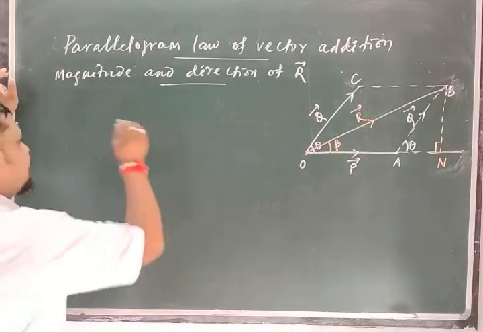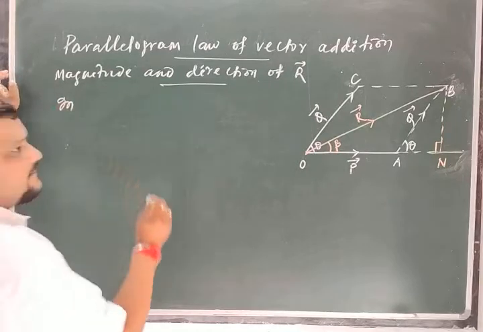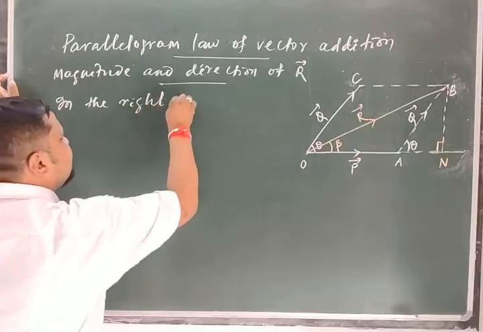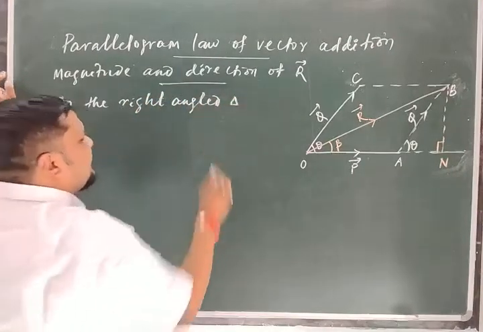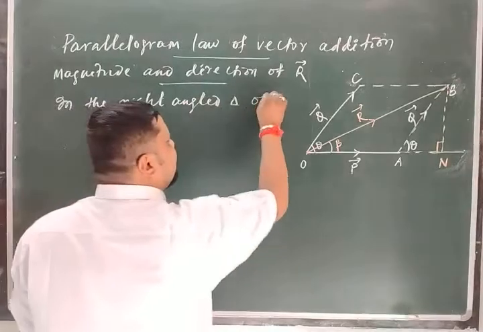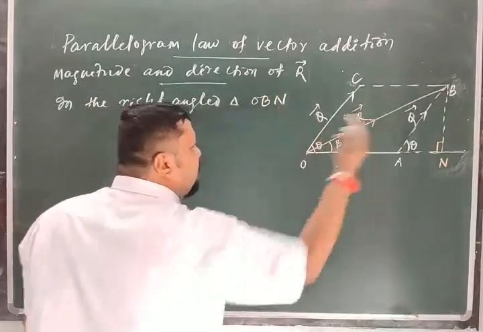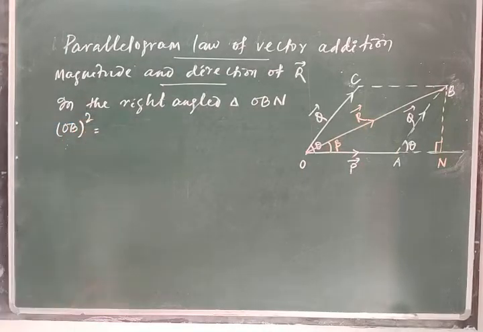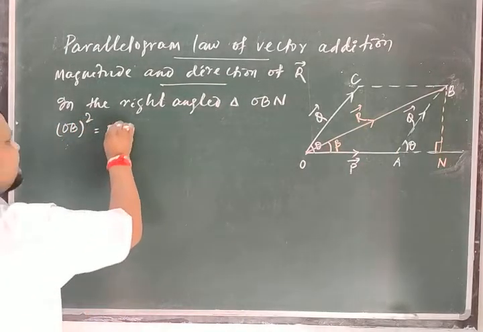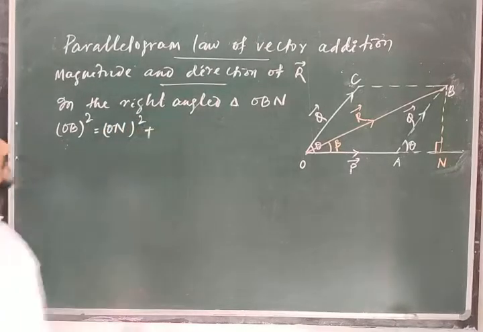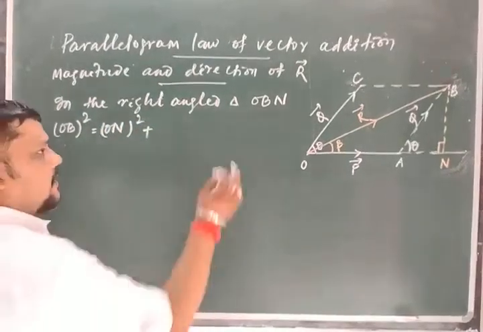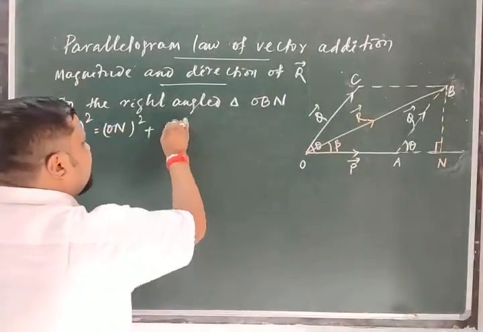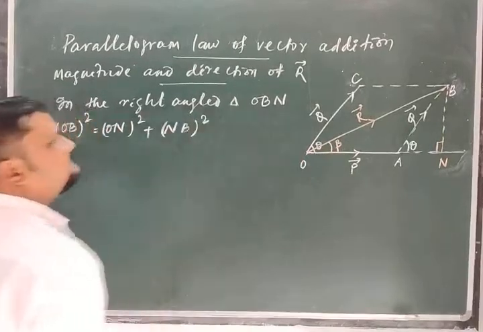Now, in the right angle triangle OBN, OB square is equal to ON square plus NB square. Clear?